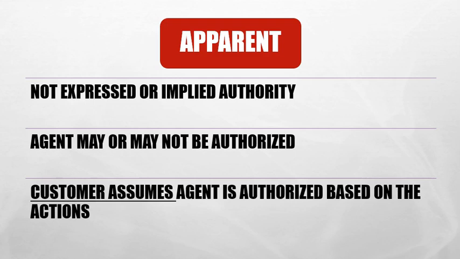This can leave the principal in a bad position, especially if the agent did not have expressed or implied authority to act on their behalf. The third party, who is the customer, will typically assume that they have that authority because of the way that they act in the situation.